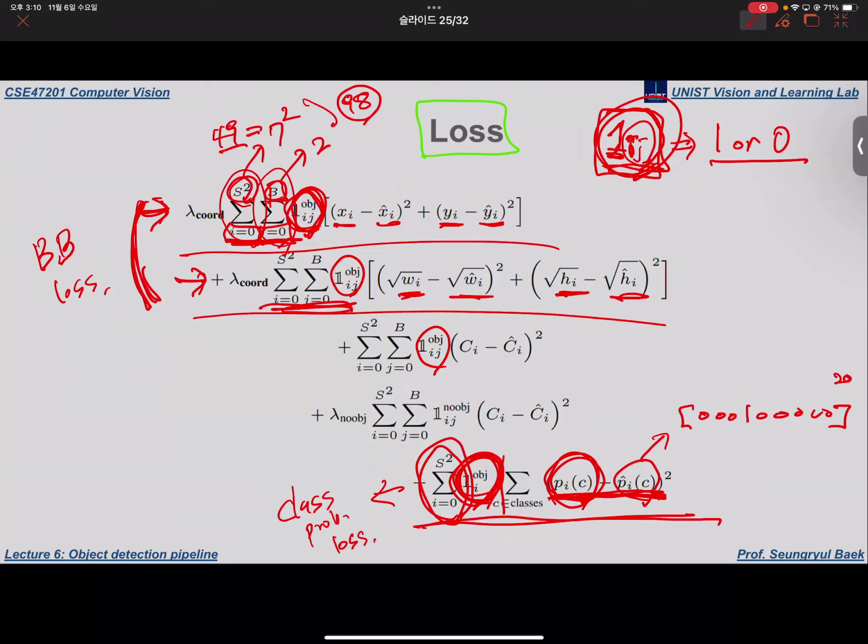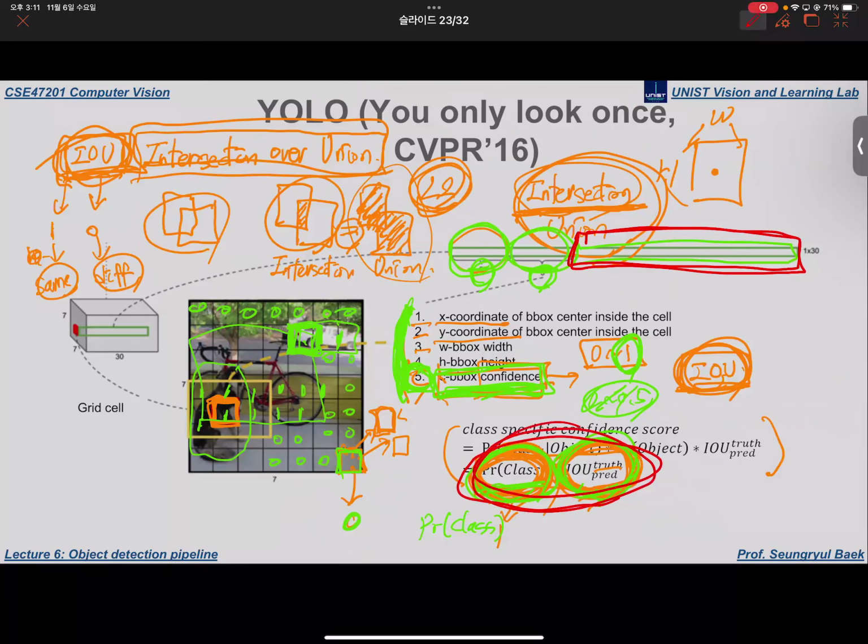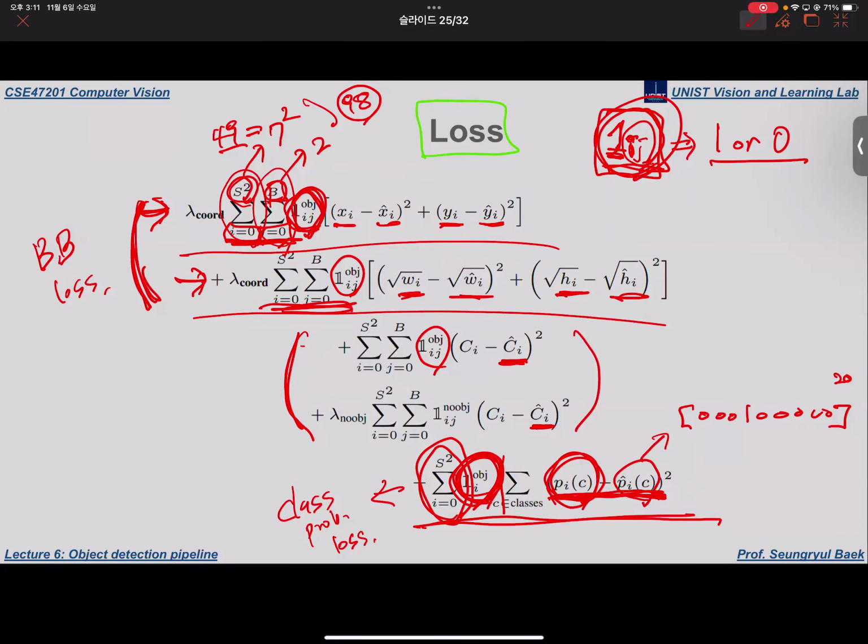And here is the confidence value we also have to train, right? As I told you, this is the confidence value, which is used as the ground truth. If it is a non-object grid, which may not have the object inside, then this value becomes 0.